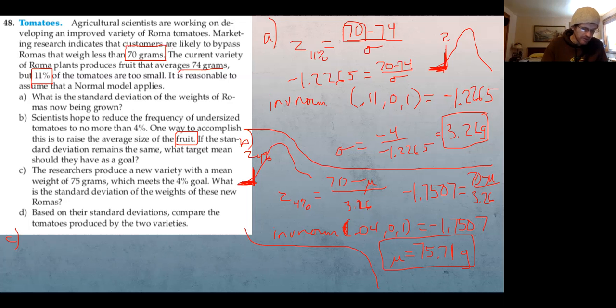So it's almost the same question as before. Luckily, we already know the z-score for 4% because it said it meets the 4% goal. And now 70 is the rejection weight. 75 is the new mean. And we've got a standard deviation, which we don't know. So I'm just going to copy the same z-score from before. -1.7507 equals basically -5 over the standard deviation.